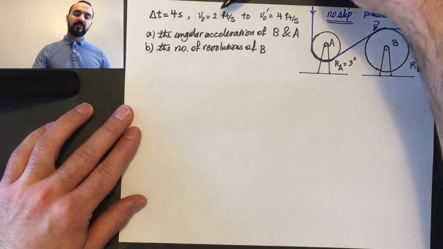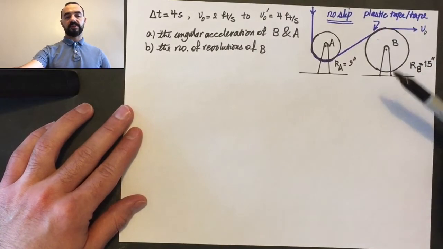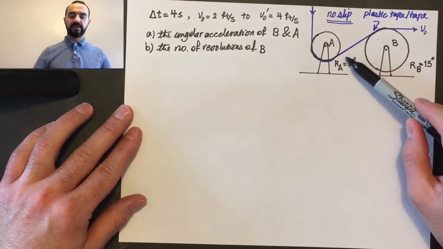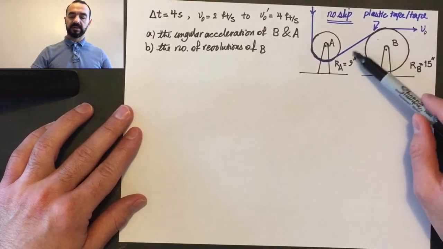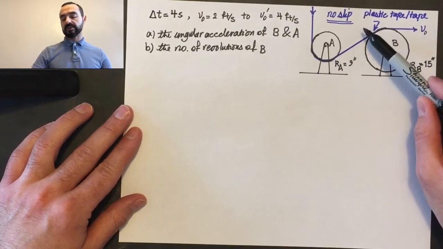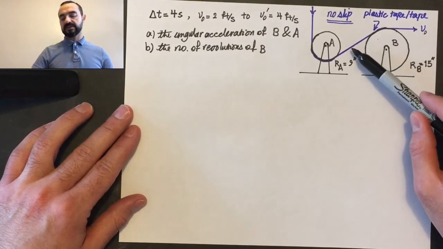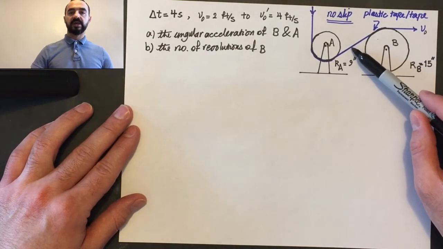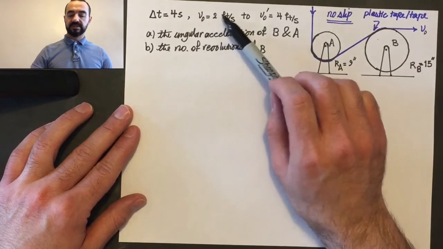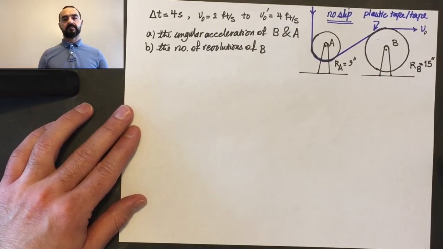Now if you think about it, this velocity increases uniformly. If I consider any point on this tape, the velocity is obviously along its length. For this point on this tape, the velocity increases uniformly from 2 feet per second to 4 feet per second.